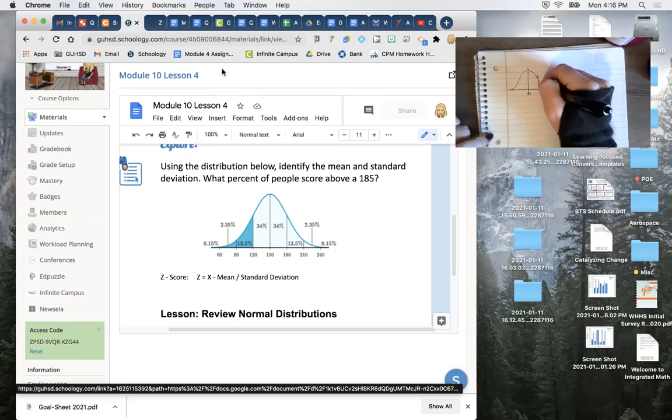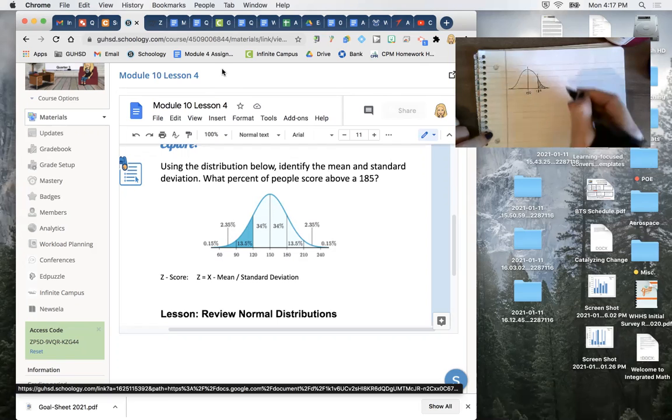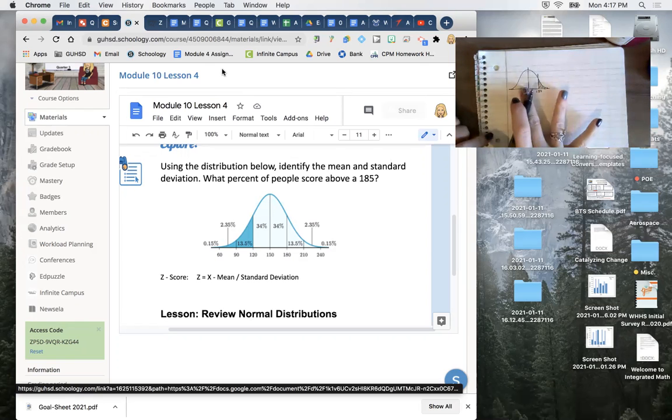Well, 185 is up here. And they want to know what % of people scored above it. That's shaded to the right. I always make sure I shade, because if you don't shade properly, you're not going to get it right. So shading to the right because they want to know above. That's my first step, drawing that beautiful normal distribution.